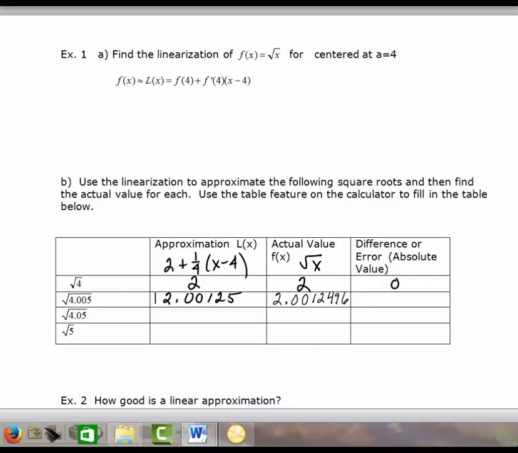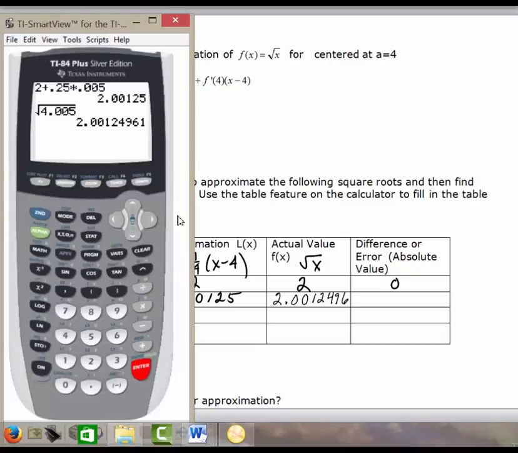And if we want to find the error, we would just subtract these two values. So at this point I can just subtract the 2.00125, and I'm just going to take the absolute value of that.